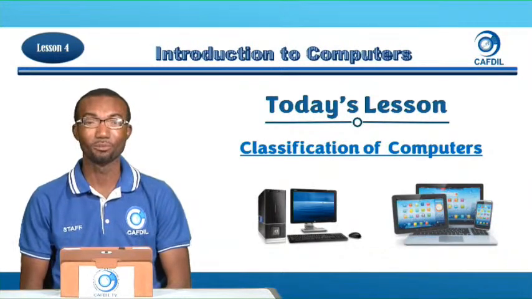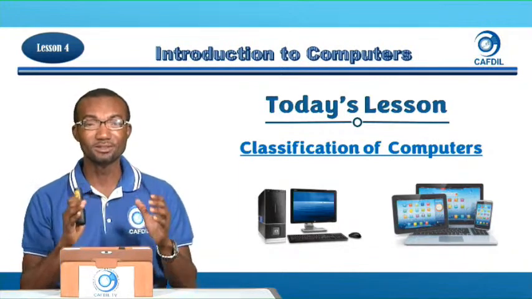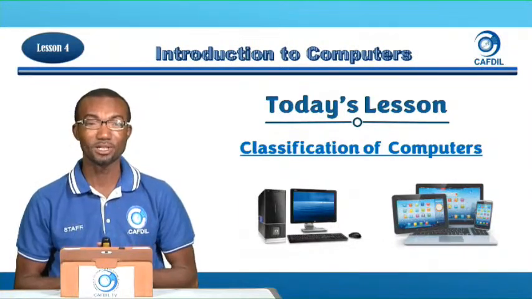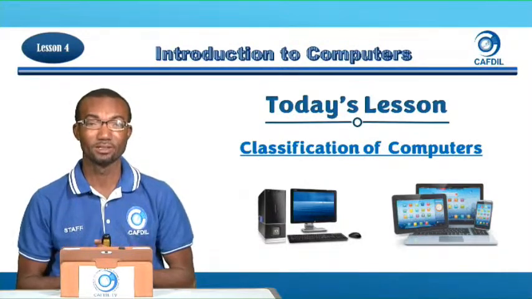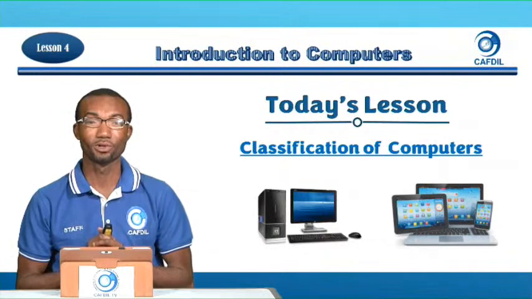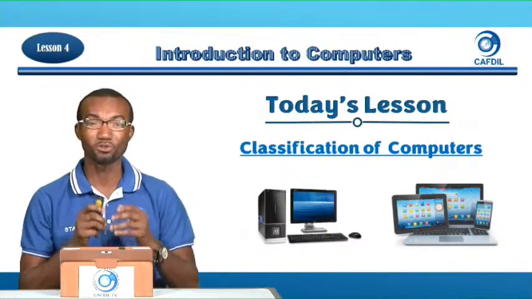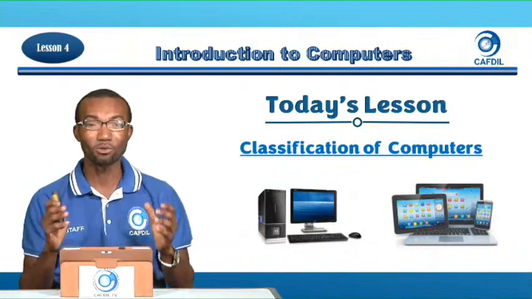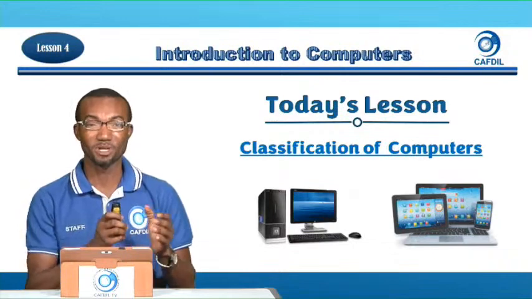Computers are grouped into different classes. Viewers, let's take the example of the clothes that we wear to places. We do not wear only one type of clothes to church, to the market, to school, or to any other place. Even the clothes that we wear are classified into specific groups.